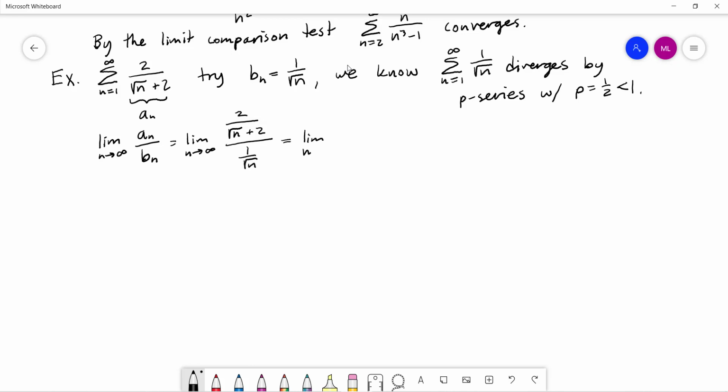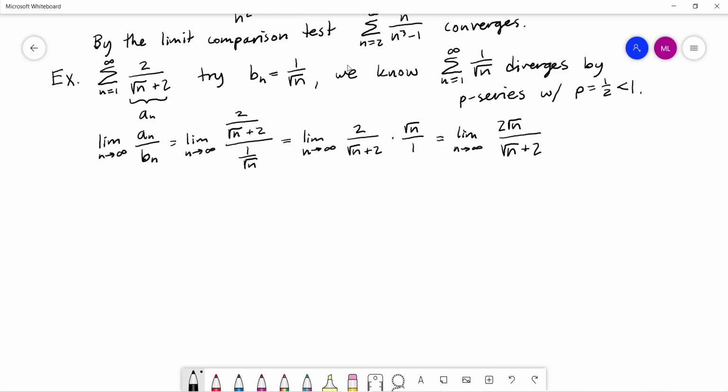Again, we'll simplify this, multiply by the reciprocal instead of dividing, and we'll get 2 over root n plus 2 times root n over 1. This limit cleans up to 2 root n on top over root n plus 2 on the bottom.